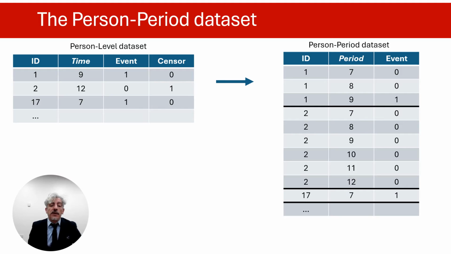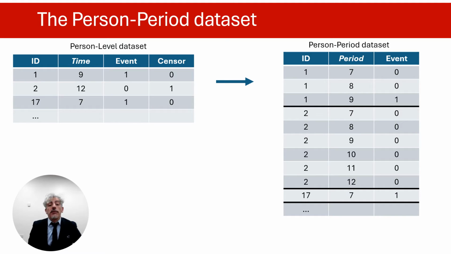For example, participant number 1 contributes only 3 periods. That is, there are observations of this participant up until the point when he reported the event. The event, remember, is initiation of sexual intercourse. Participant 2 contributes 6 time periods up until the point where the study stopped.